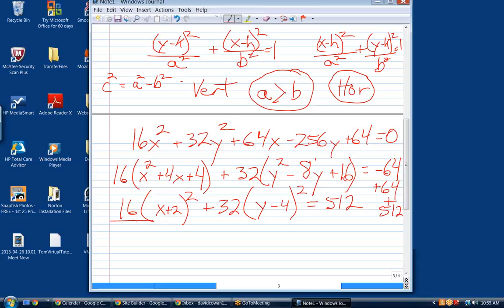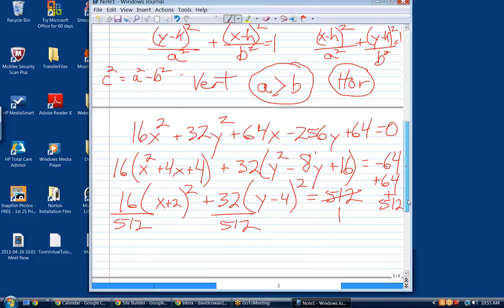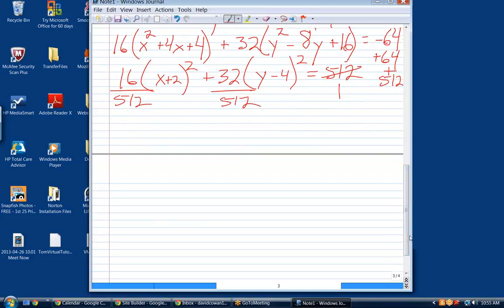And then you divide 512 for both sides. Let's see, we know that's 32. I think, right? Didn't we just determine that 16 times 32 was 512? Yeah.